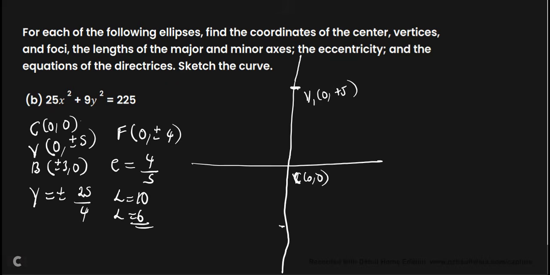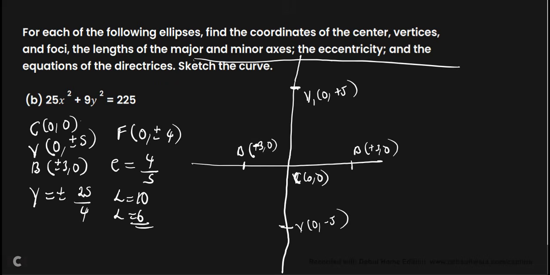Then vertex 2 is what? 0 comma negative 5. Then the co-vertex, that is B now, negative 3 comma 0 and positive 3 comma 0, like that, right? Our ellipse will move through here and down here like that.